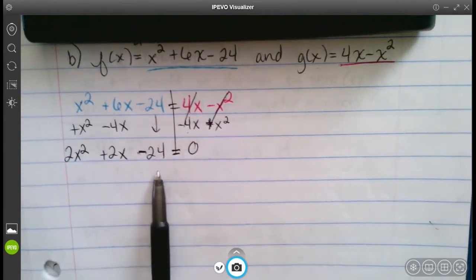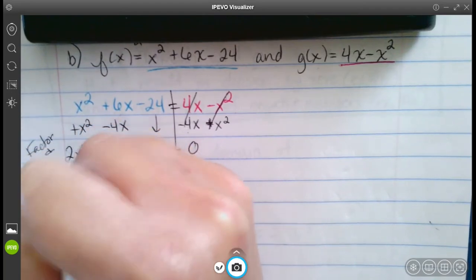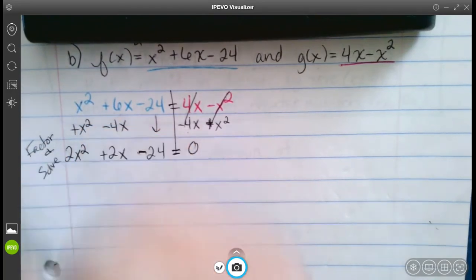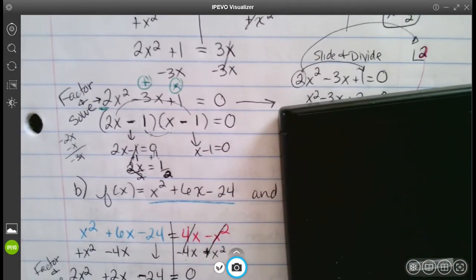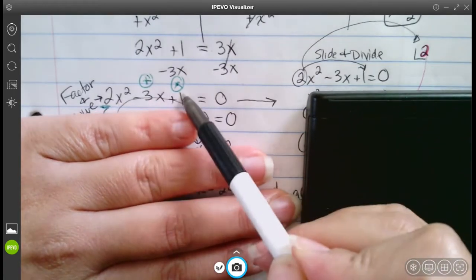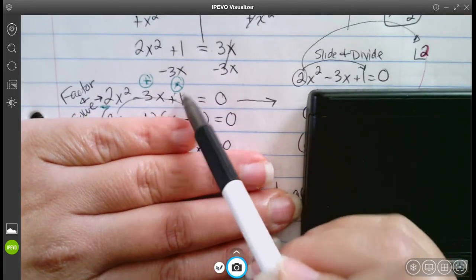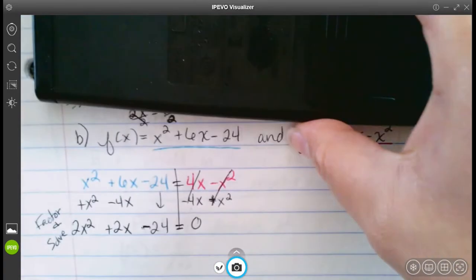Just like the one before, at this point you would be factoring and solving. But I'm going to show you a trick for this one. The problem that we had before was 2x squared minus 3x plus 1. 2, 3, and 1 have no common factors, so we can't do any shortcut with those.